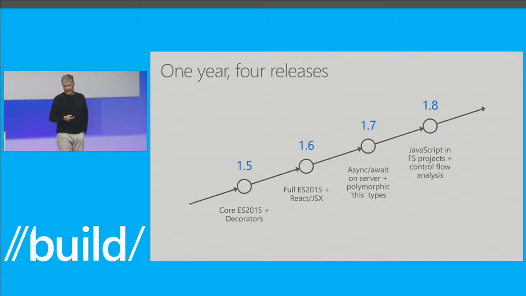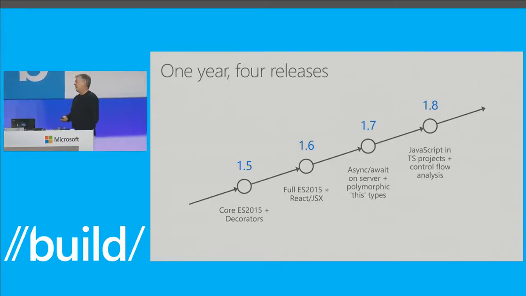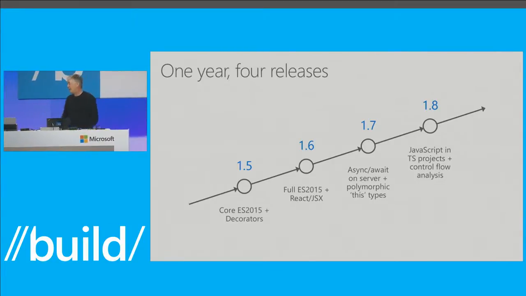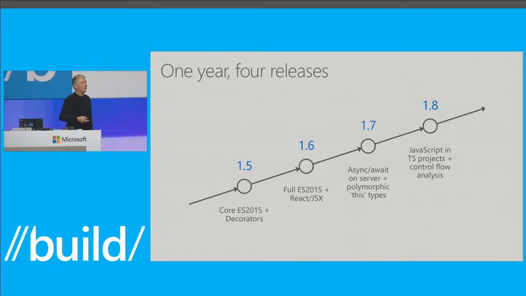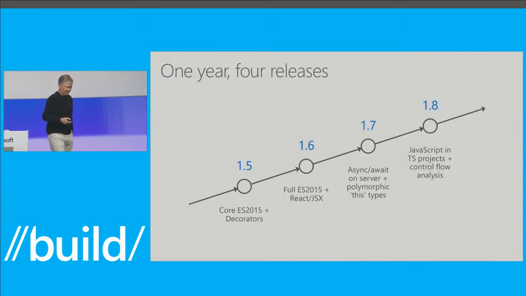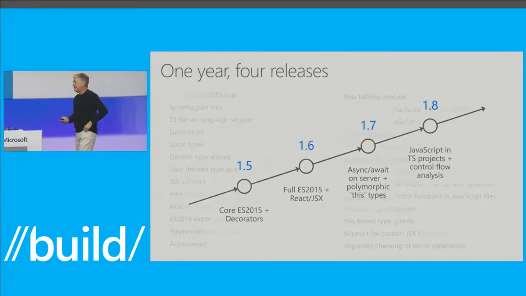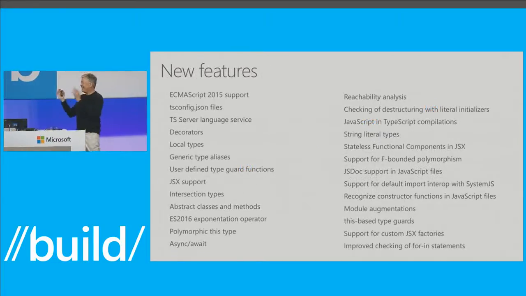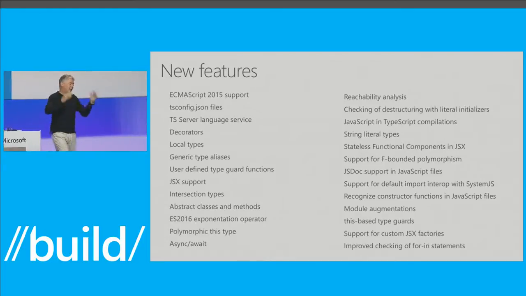In 1.7, we added async await support on Node. And other features, I just sort of picked some of them. And now in 1.8, we're supporting JavaScript in TypeScript projects, which sort of sounds backwards, but I'll show you what that looks like. In fact, these are all the features that I could fit on a slide that we've implemented in the last year.